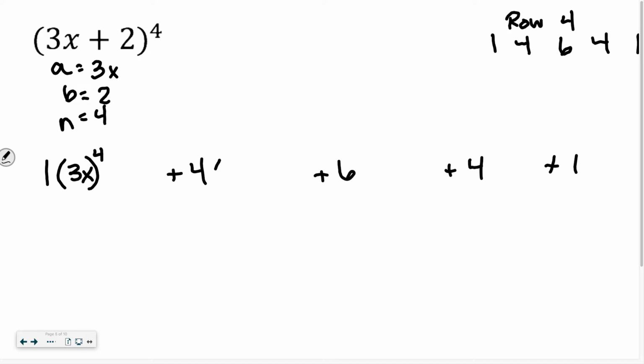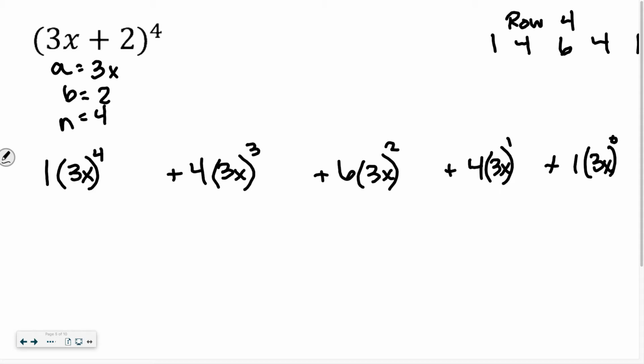Then you're going to do 3x cubed. Then 3x squared. Then 3x to the first. And 3x to the 0. I did it wrong too. What are you going to do next?